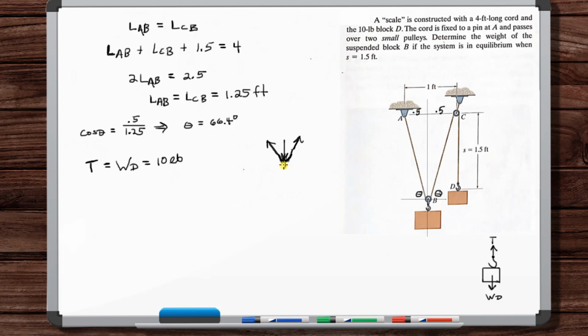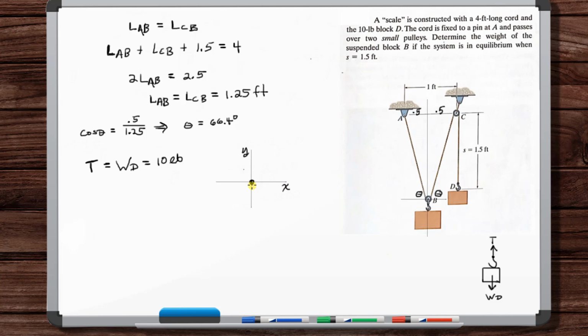So what we can do is our free body diagram can just be a dot, right? A particle. So we'll put our coordinate system at the origin at that point.